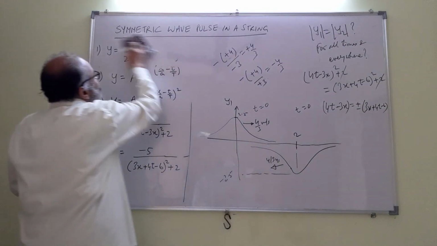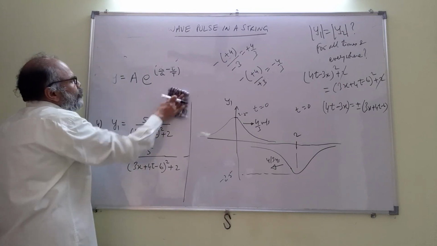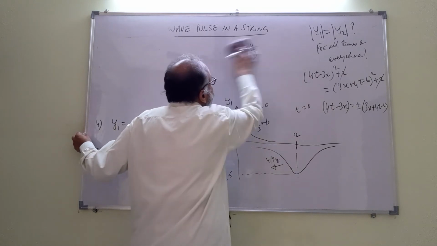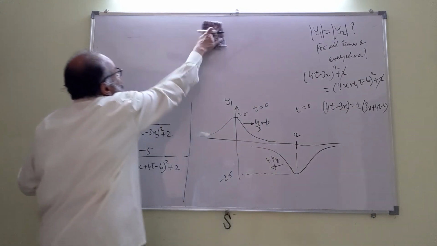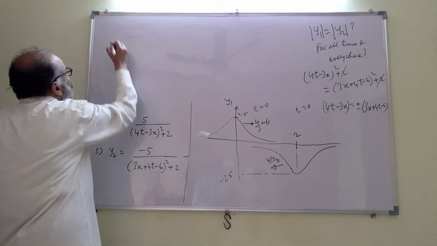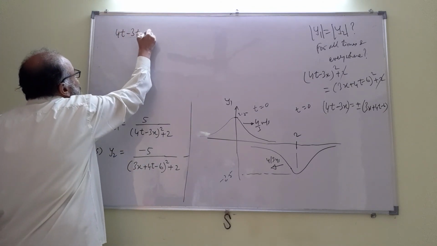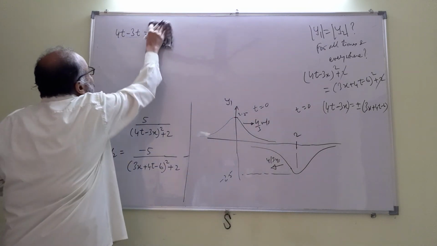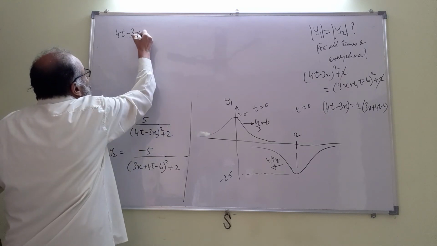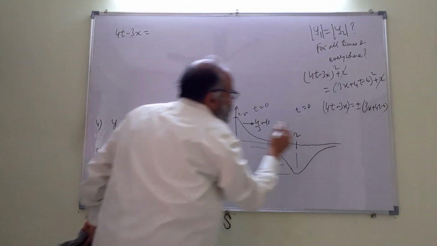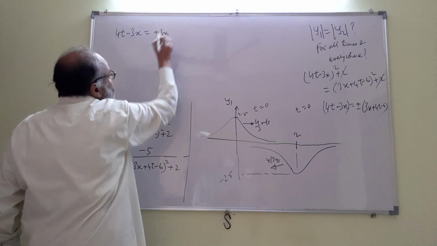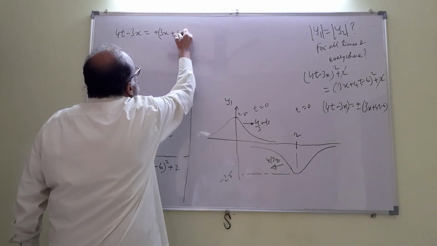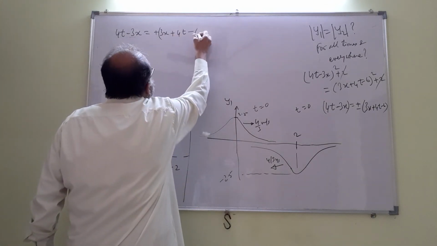Let us see what we get if we solve this equation. Take the plus sign: 4t minus 3x is equal to 3x plus 4t minus 6.